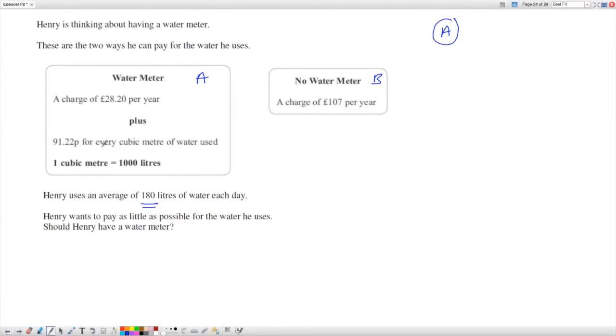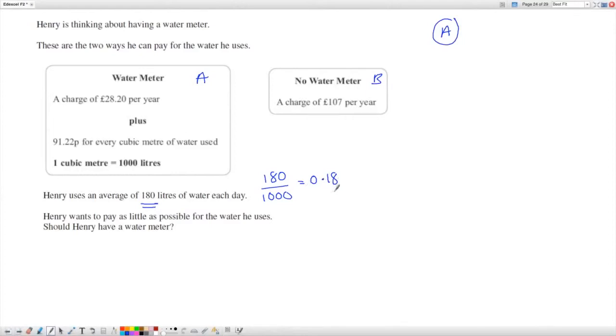Then there is a charge for every cubic metre of water used, and we're told that he's using on average 180 litres a day. So we're going to change this first off into cubic metres. 180 divided by 1,000 is going to give us how many cubic metres? So we've got 0.18.